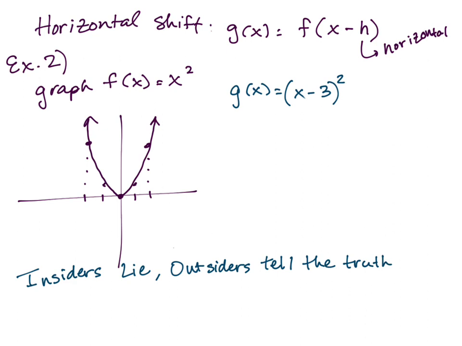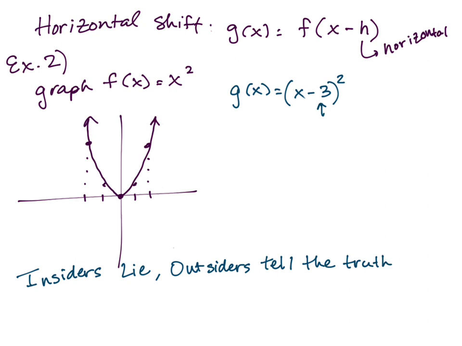Okay, so I want you to look at this g of x sentence. Can you see where this 3 is located in this equation? Can you tell that it's inside with x? Can you see that? Yeah. It's located inside the function, inside with the x. This is a liar.